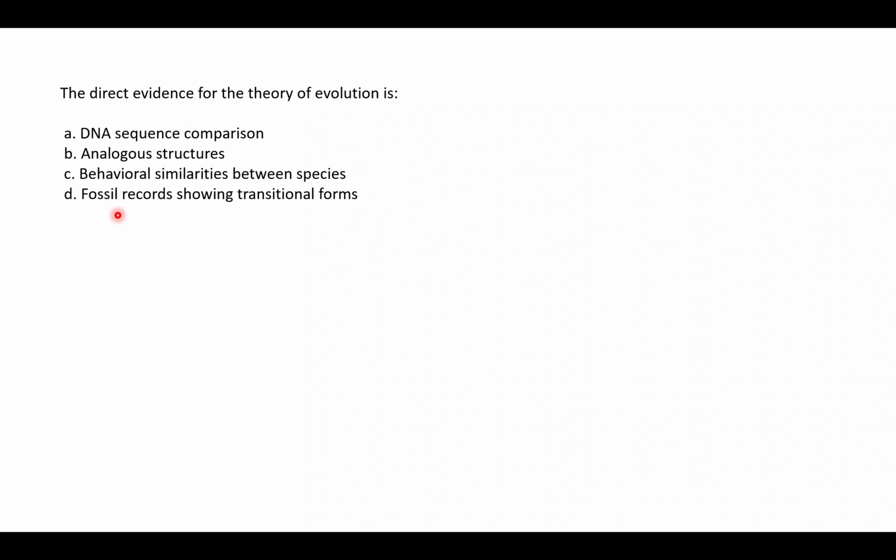So they are kind of ancestors. Something might have happened, and this something is called evolution. We will have a look at this evolution and the forces of evolution. So this is option D. Fossil record showing transitional forms is the direct evidence of the theory of evolution.